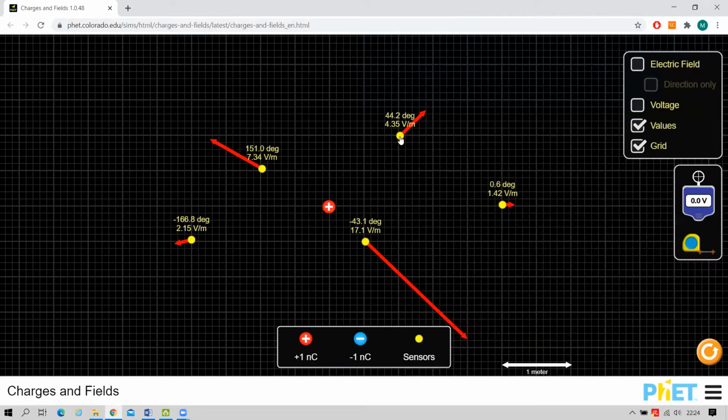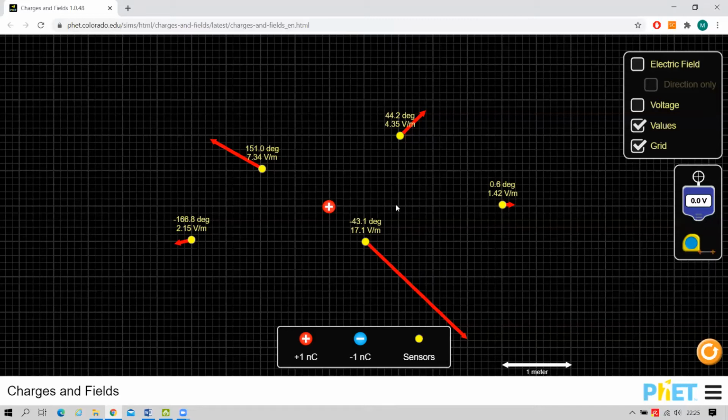Let's label this one as the first sensor. So what's the X value for the first sensor? Remember that the location of the charge is the origin, and to the right, I just count 2 large squares as the X distance of the first sensor.